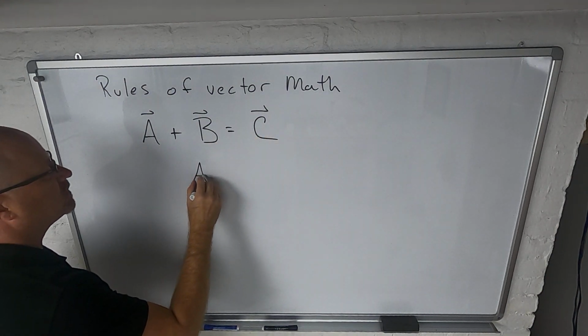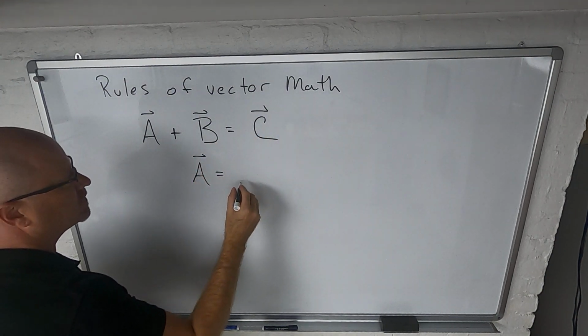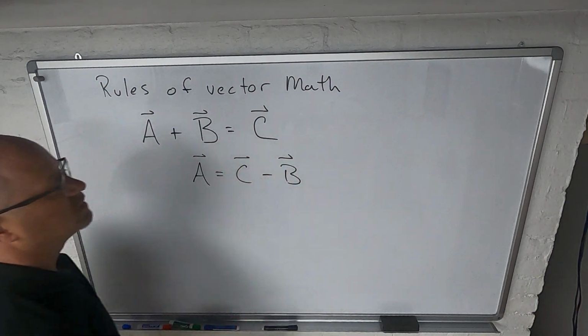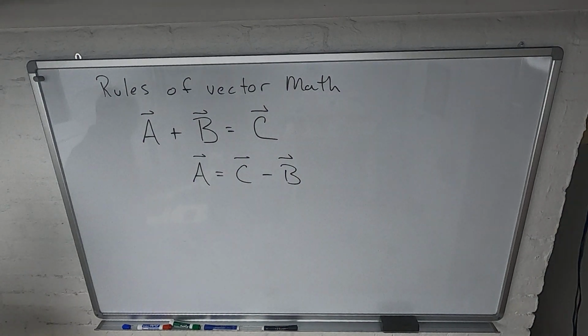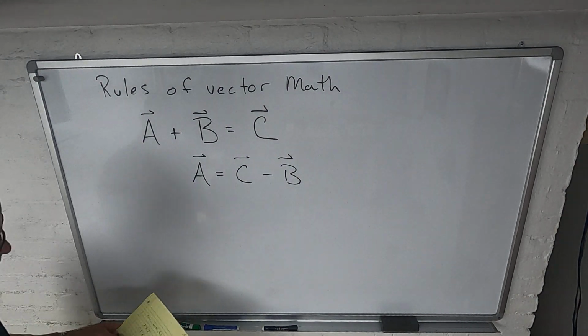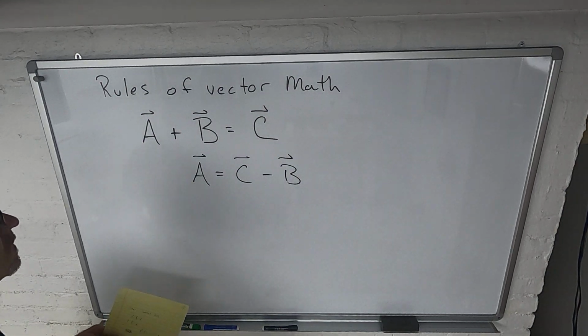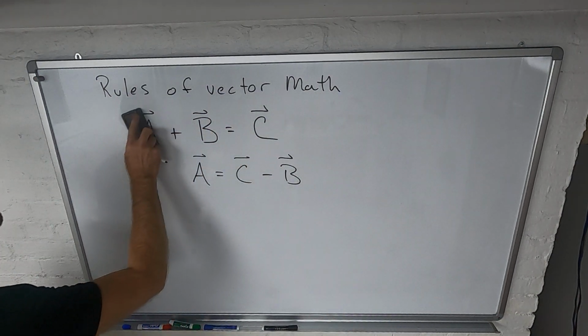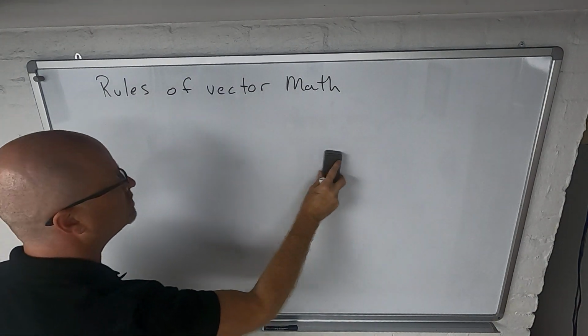We can also write that a is the difference between c and b. And so the directions of things matter. And so let's go through and just talk about graphically what it means to add and subtract two vectors.